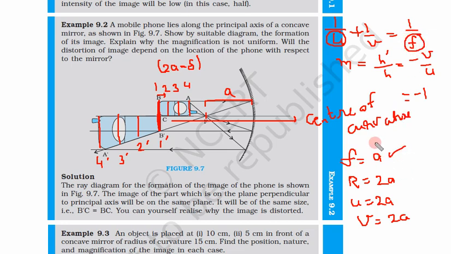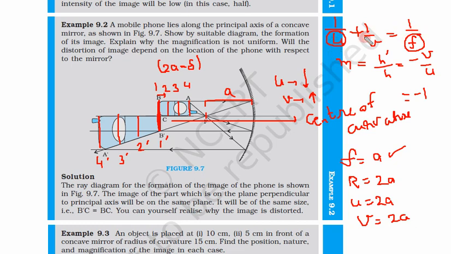This focal length cannot be changed, we can change only u and v. Now if u is reduced, then we must increase v to keep this focal length constant.